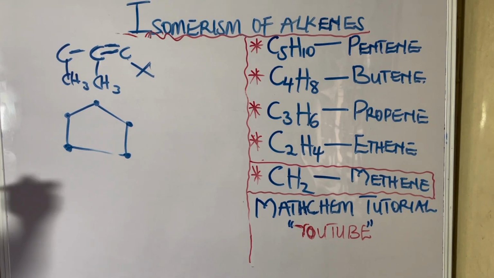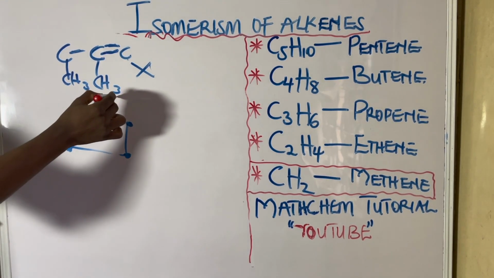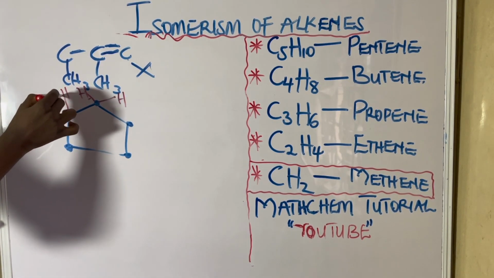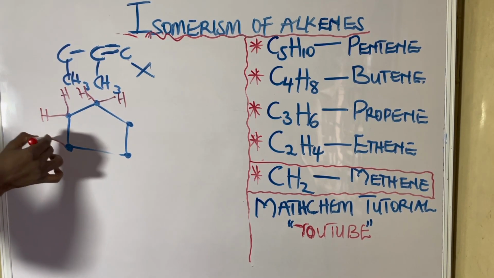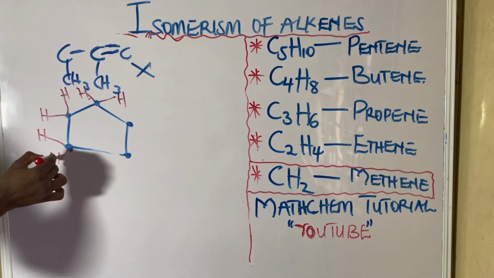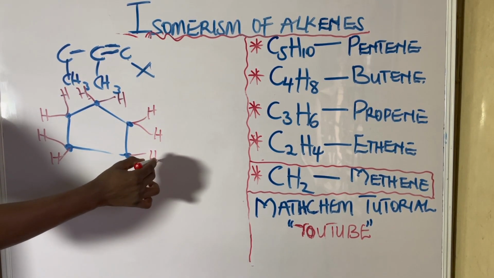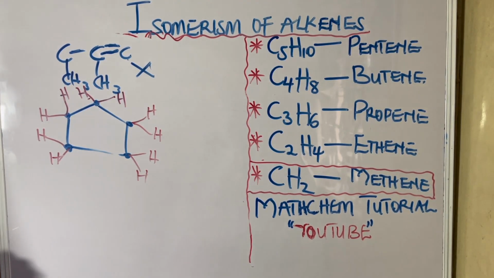Then I can have one hydrogen here, another hydrogen here, another hydrogen here, and so on. Count the number of hydrogens, that is 10. The number of carbons, that is 5. So it's still giving me C5H10.